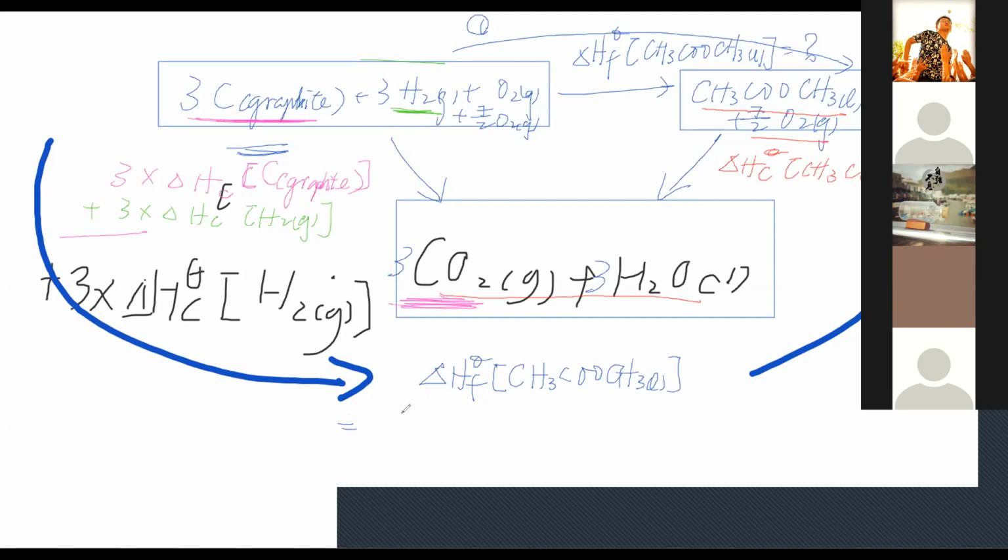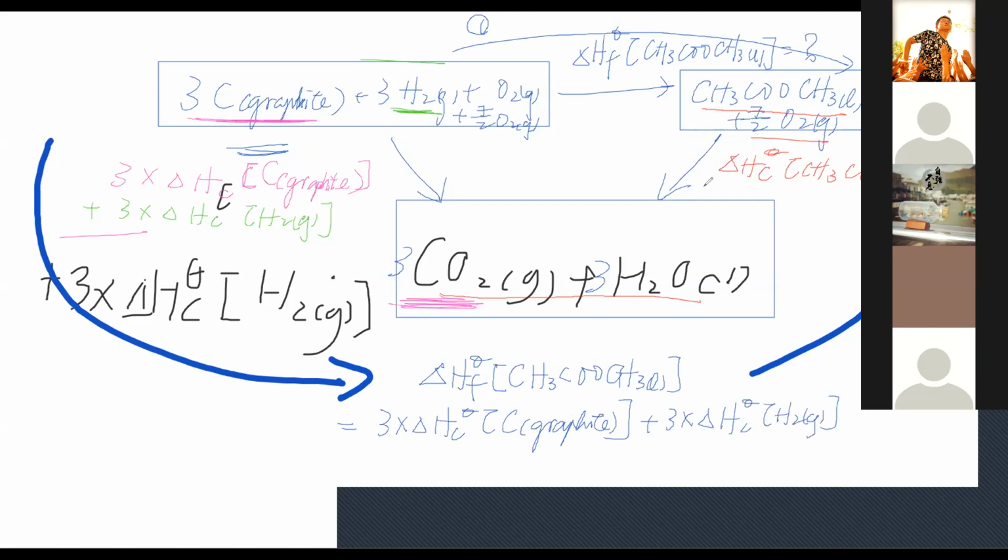You still need me to give you more minutes, right? More than 3. Just write it down. So what is that? Just this one, the same direction. 3 times delta H of combustion of C graphite plus 3 times delta H of combustion of hydrogen gas.